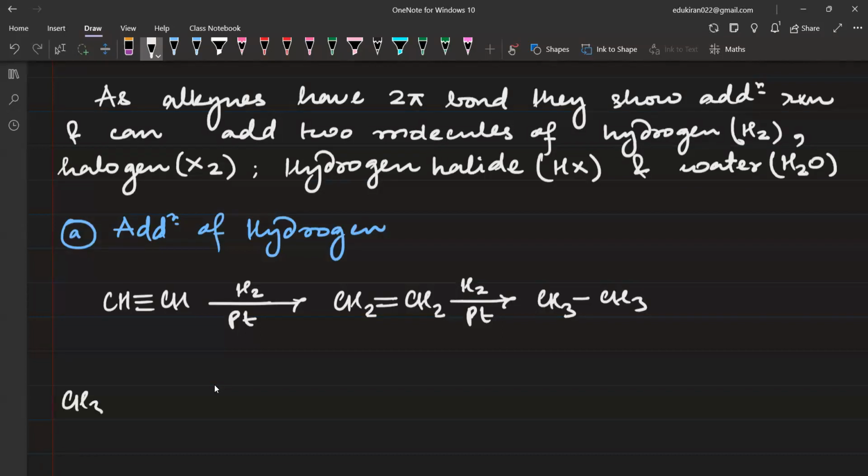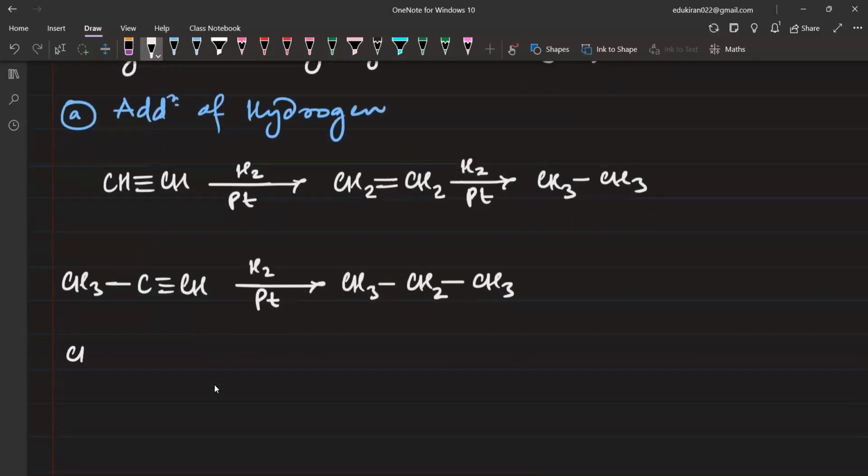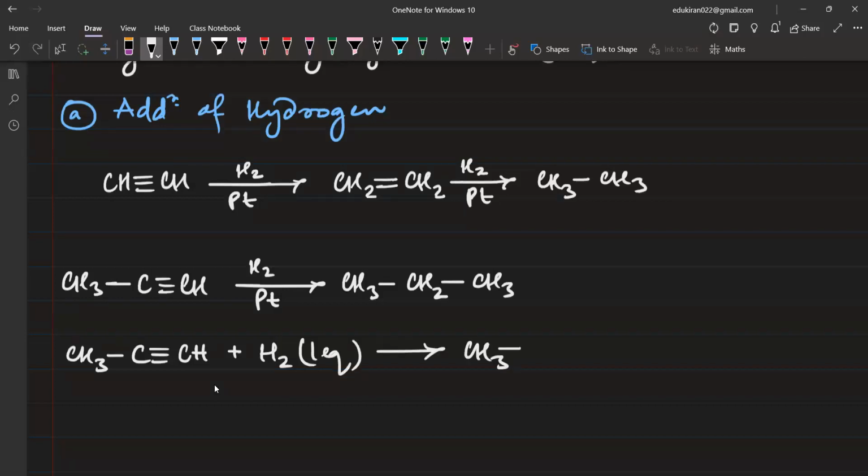Similarly, if you have something like this, CH3 C triple bond CH, उन्होंने अगर सीधा कहा H2 Pt, there is nothing mentioned, then you will write that it is what, CH3 CH2 single bond CH3, right? If you have something like this, CH3 C triple bond CH plus hydrogen and bracket 1 equivalent, generally ये होगा नहीं, then it is going to give you CH3 CH double bond CH2, ठीक है?